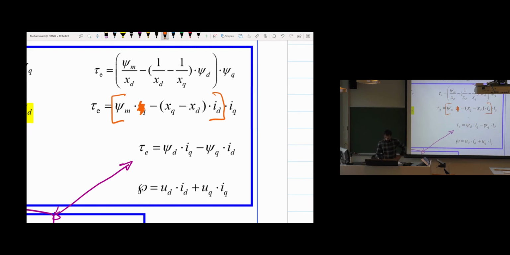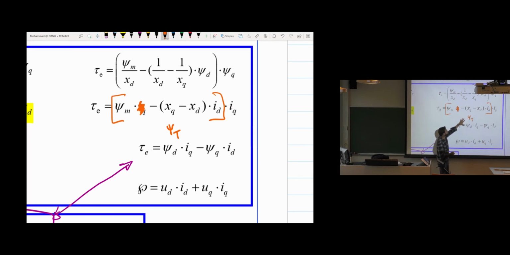And we can say this psi t is a fictitious flux. This is not the original flux, it's a fictitious flux that we obtain because of this. And how do you see that? This xq for the asymmetrical machine is greater than xd, so this term is positive here.